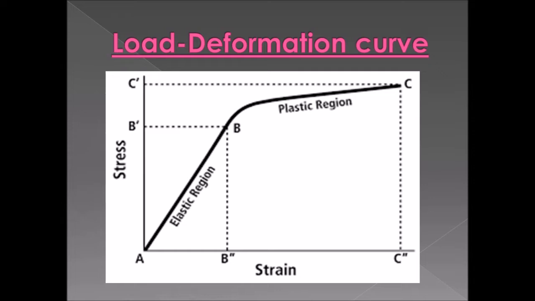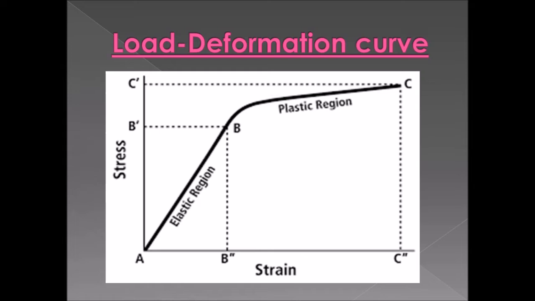Although the structure will appear to be normal and intact, after the load is removed in the range of the plastic region, the bone will never recover to its original length. Any deformation that occurs in the plastic region will be permanent. This is the difference between elastic and plastic behavior that a bone shows during loading.